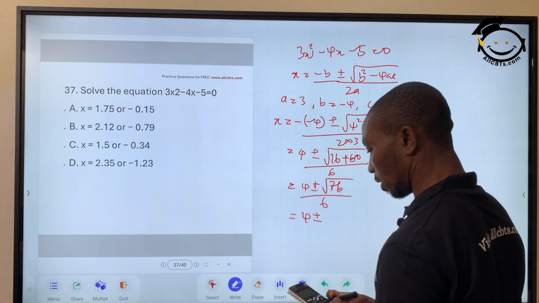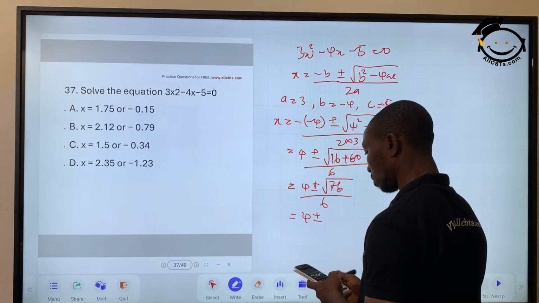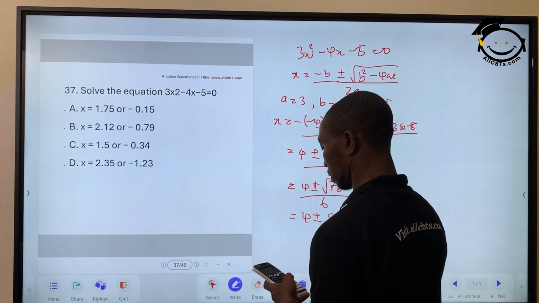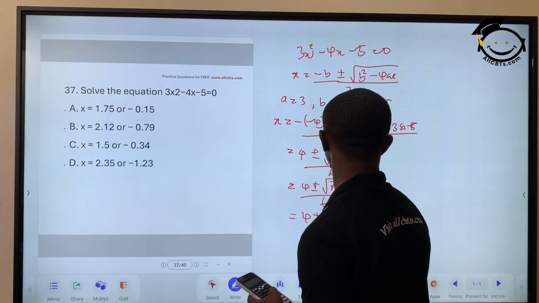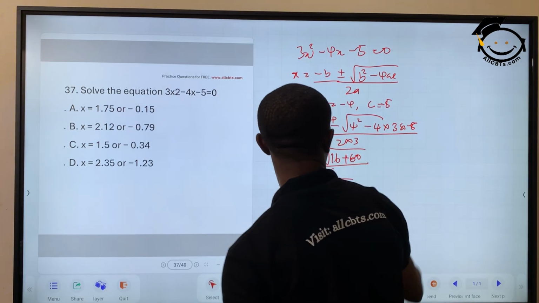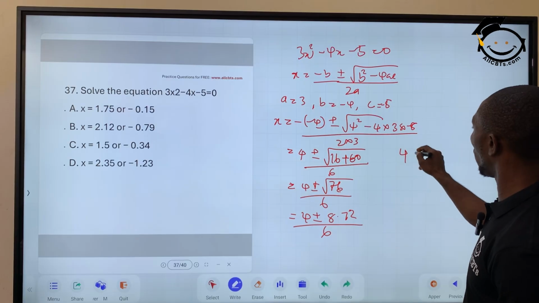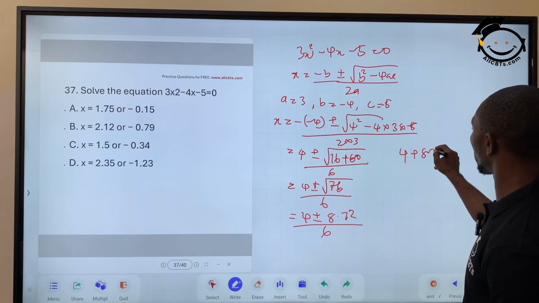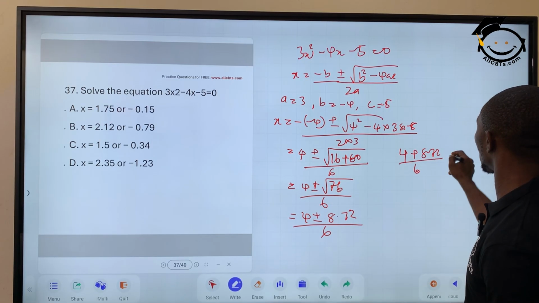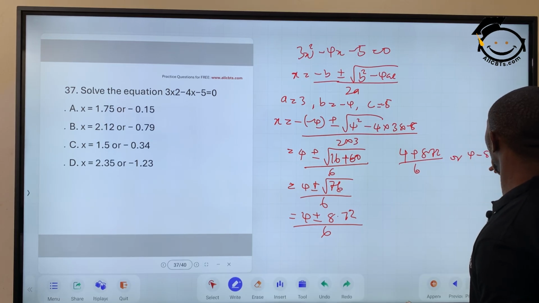Root 76 gives us 8.72 all over 6. So this would be 4 plus 8.72 over 6, or 4 minus 8.72 over 6.